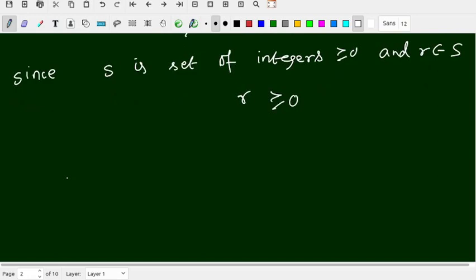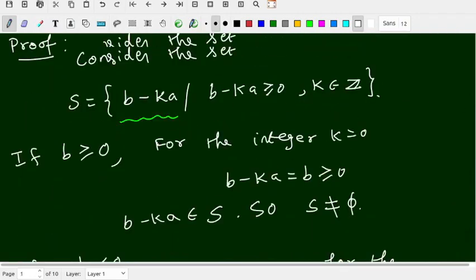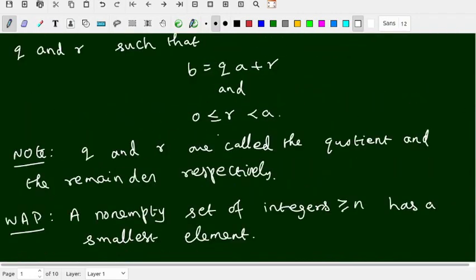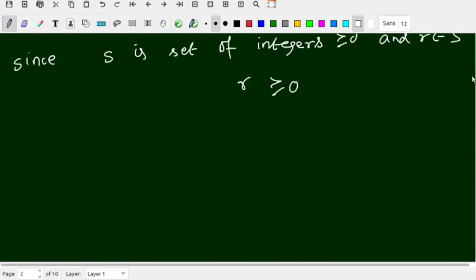To complete the existence of q and r satisfying the equation and inequality, we have proved that b equals qa plus R and 0 is less than or equal to R. So it remains to prove R is less than a.